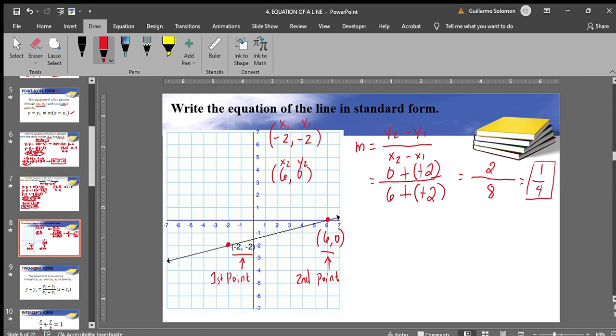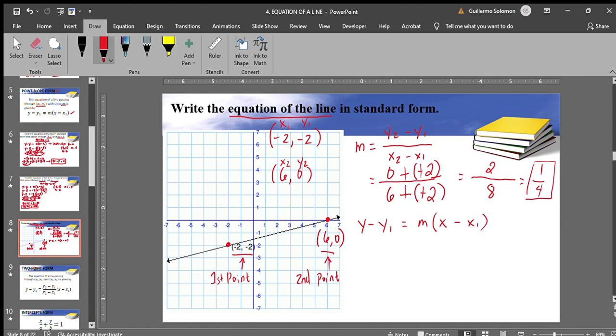Now we have a slope and we have a given points. So let us find now the equation of the line. Okay. So let us write the formula. The point slope form, y minus y sub 1 is equal to m multiplied by the quantity x minus x sub 1.